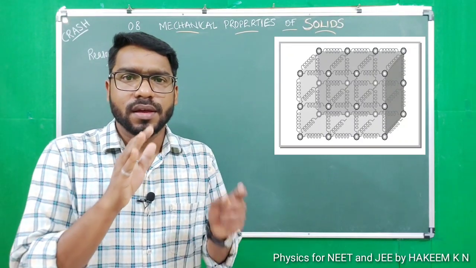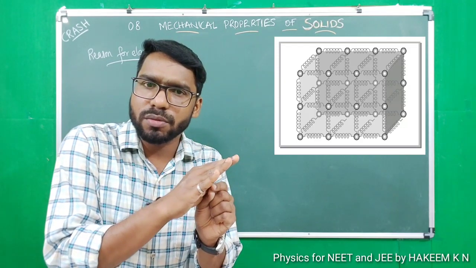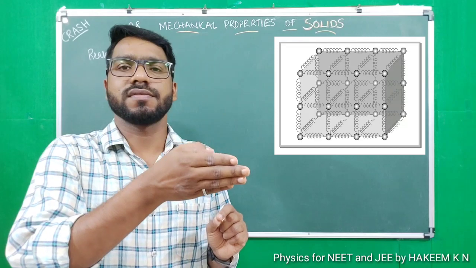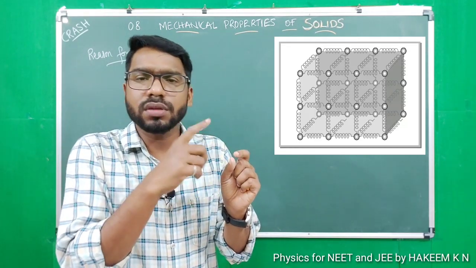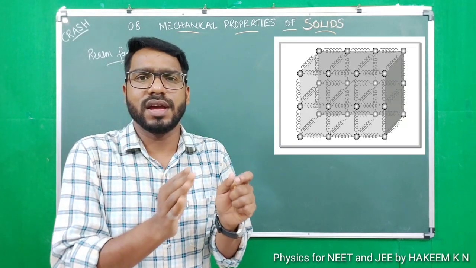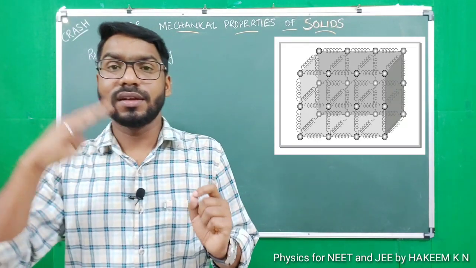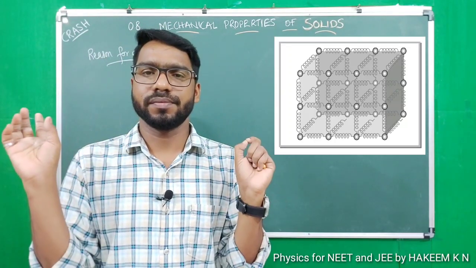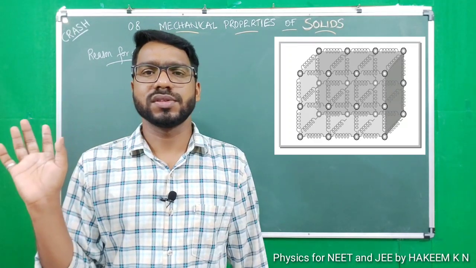Then if the distance is less than the equilibrium distance, their intermolecular force becomes repulsive. Then due to that intermolecular force, a restoring force develops there, and the molecules tend to regain their original condition. That is the reason for elasticity.